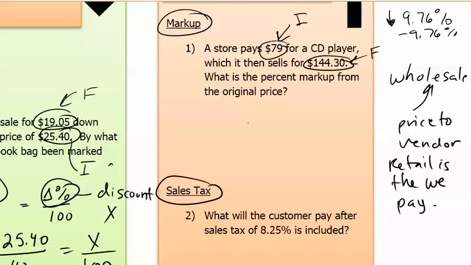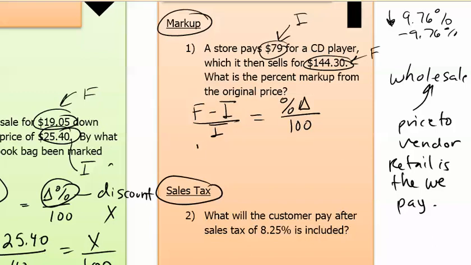What percentage of the price is the store keeping as revenue? We have the final minus the initial divided by the initial equals the percent change over 100, and we can call our percent change X.